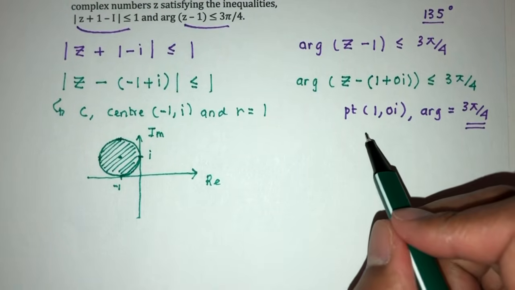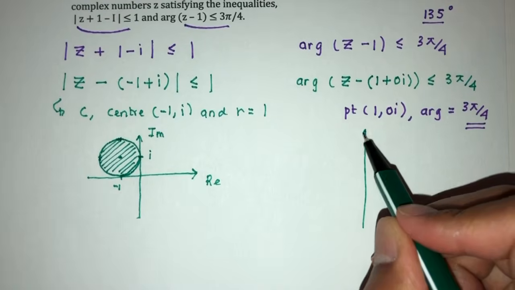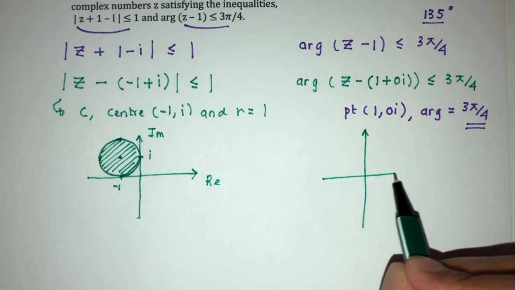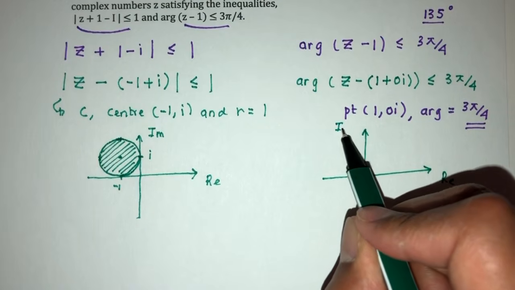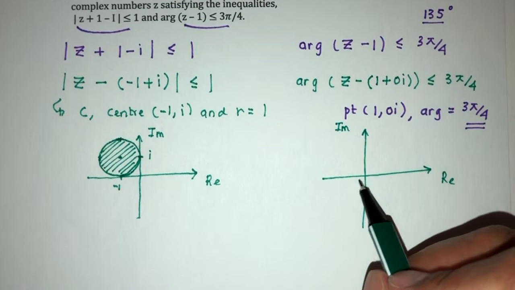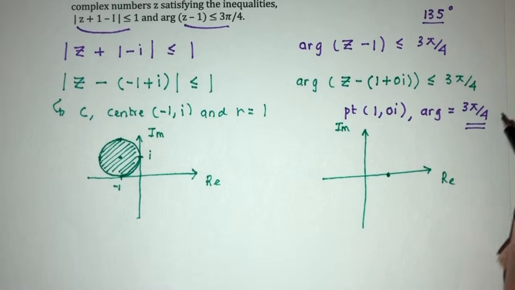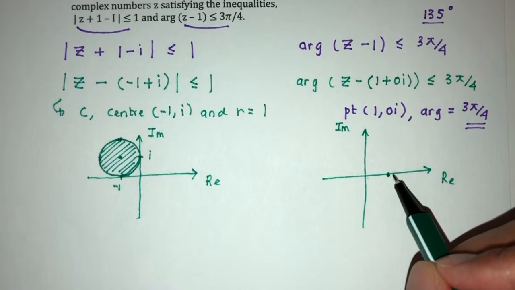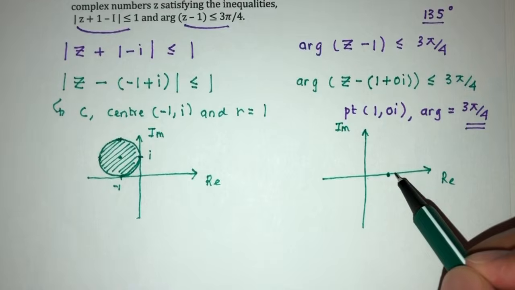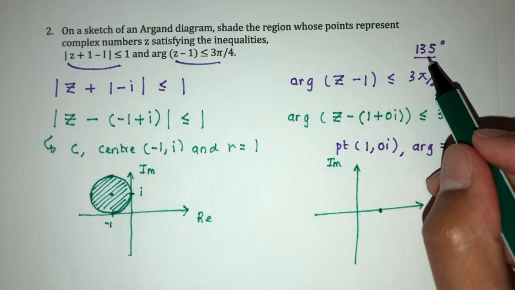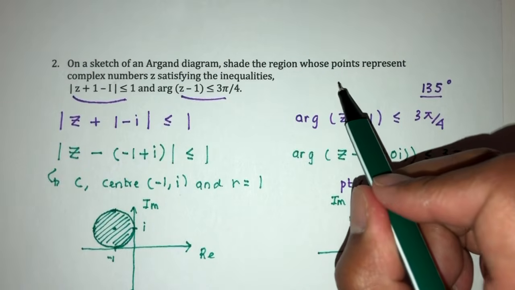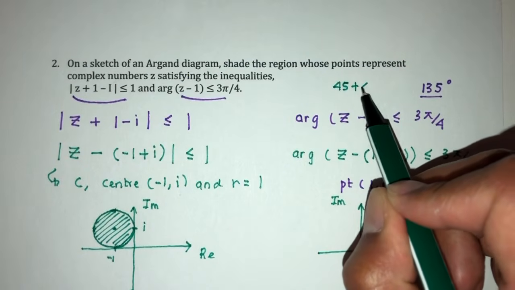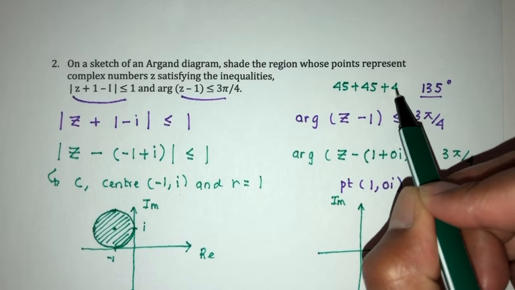Now for this one, same concepts. For example, that will be my real axis, and this is my imaginary axis. Here the point is 1, so let's say 1 is here. And we know the angle from this line has to be 135. So what is 135? We know that 135 is simply 45 plus 45 plus 45.